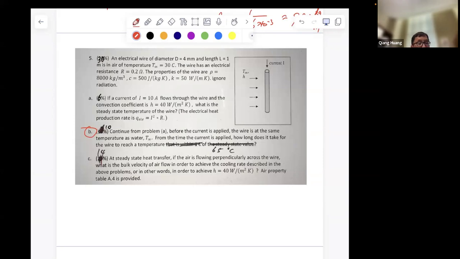But if your equation is wrong, then there's no way I'm going to give you much points, especially if you copy a solution instead of the governing equation.